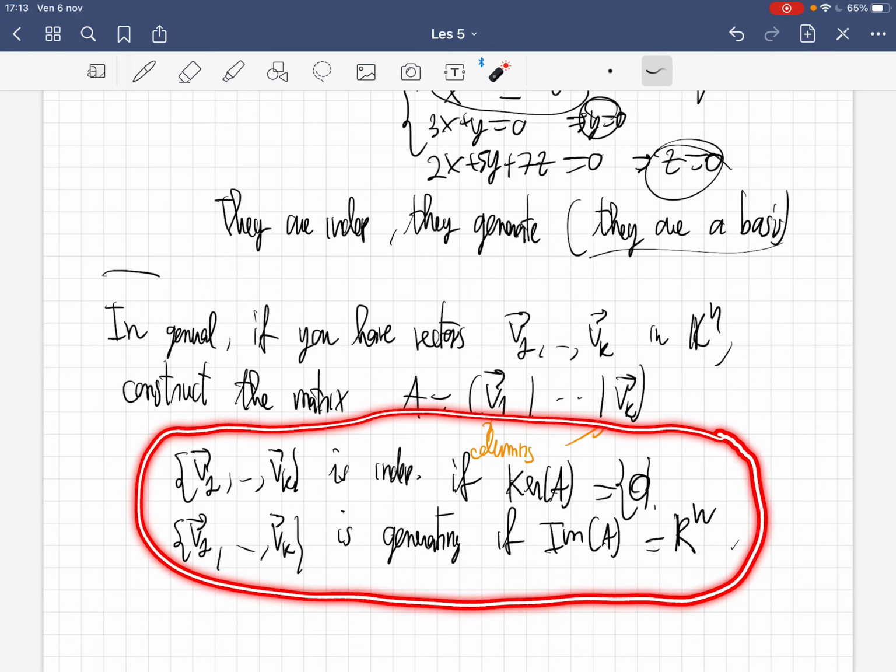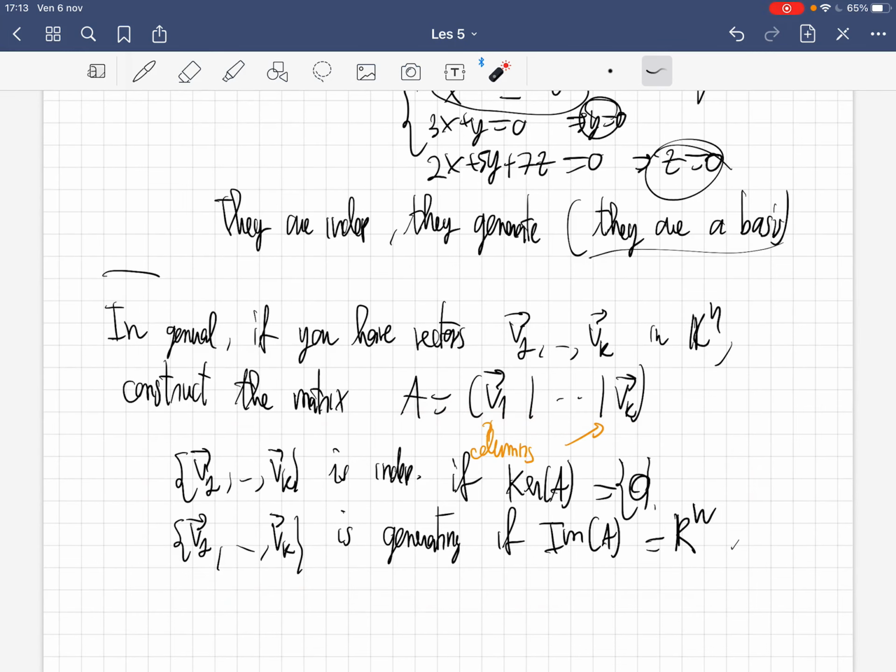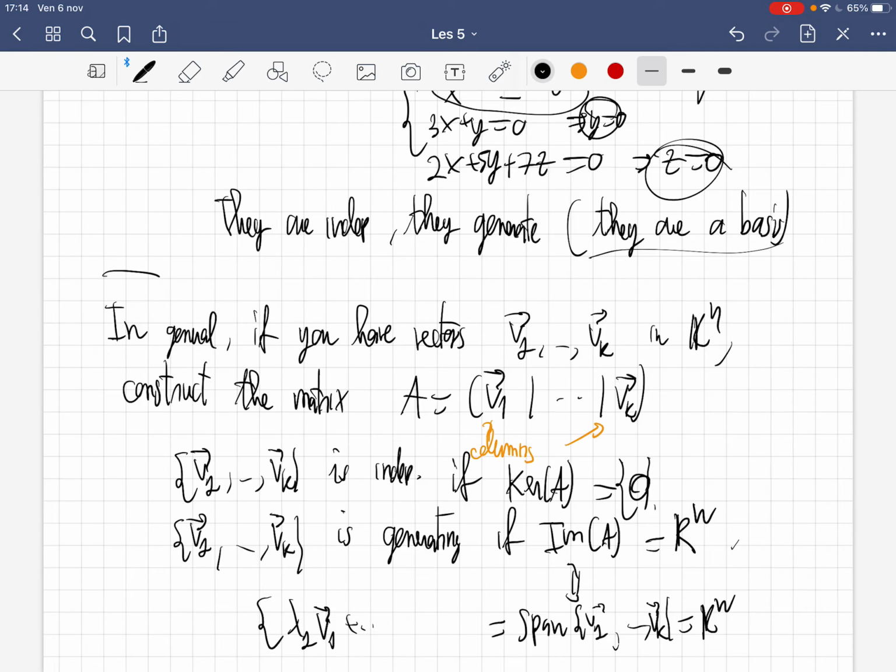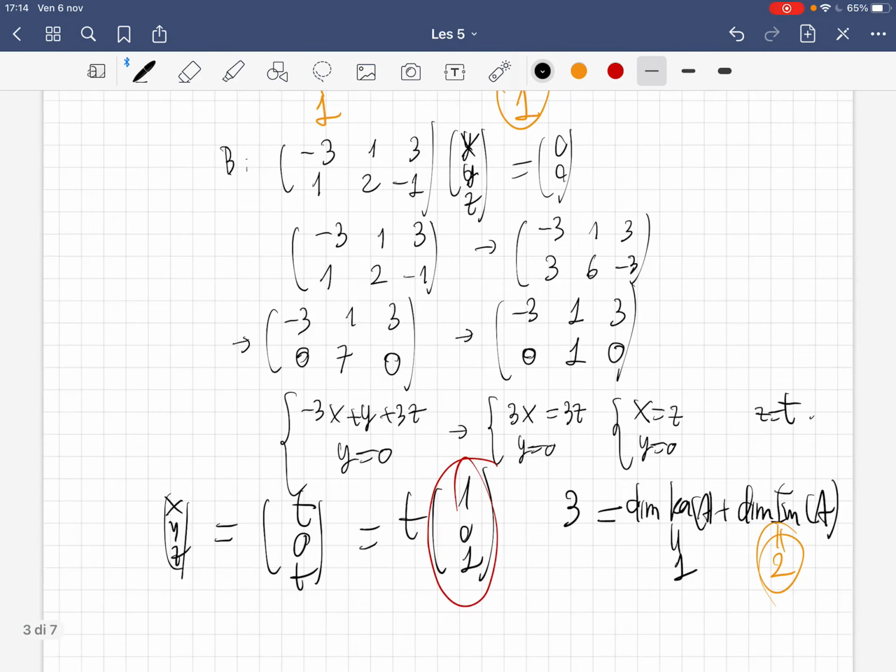This is a way of understanding things, and this is just the definition of linear independence, and this is also saying that the span is, by definition, given by the combinations, things of this form. Okay, that was just to recap. Should have said this before, but yeah, sorry.